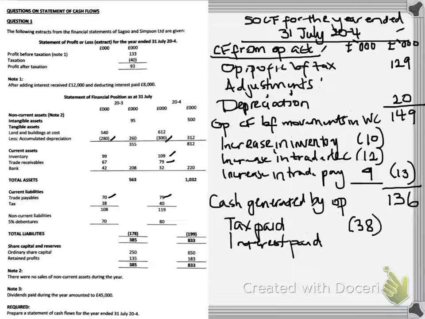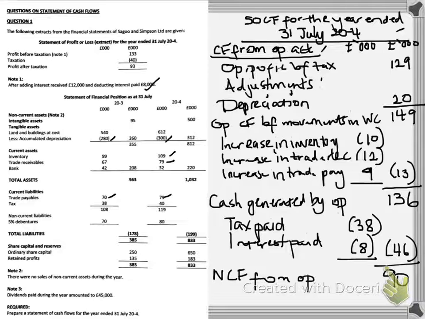It's a cash outflow. And from the question, the interest that has been paid during the year is 8. So we have 46 here and 90. And this we will label as net cash flow from operating activities.